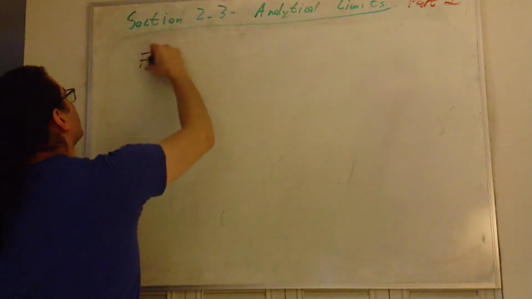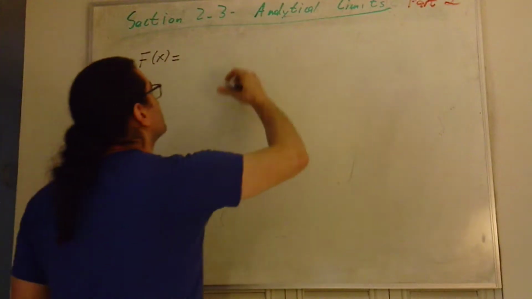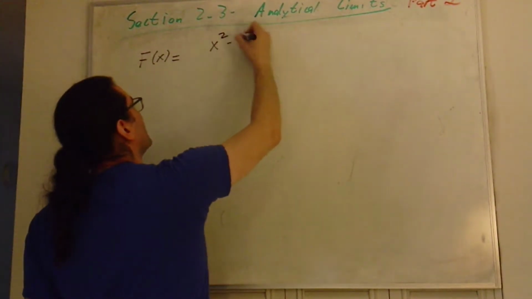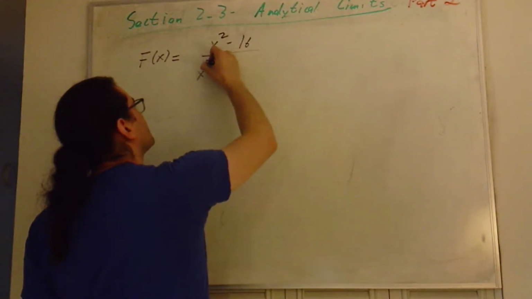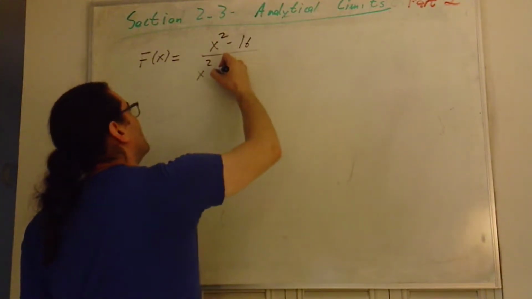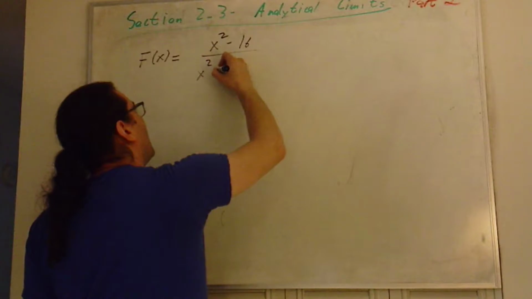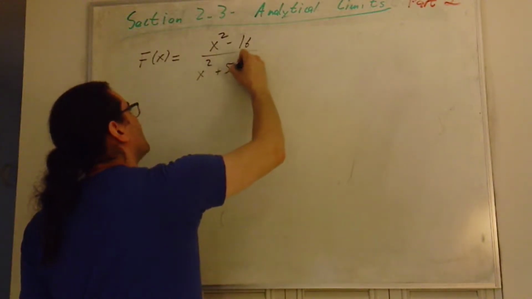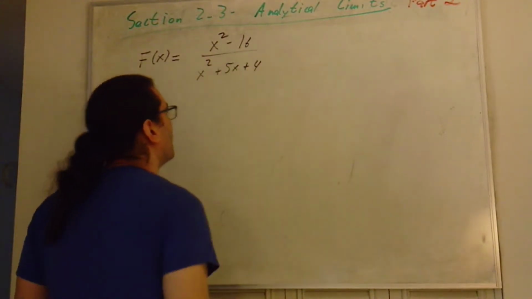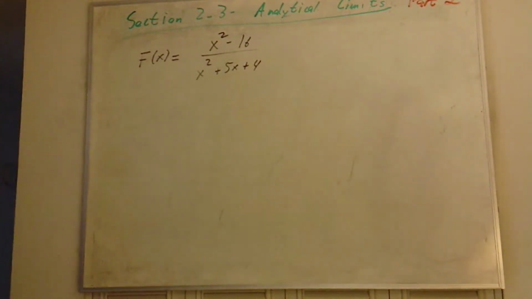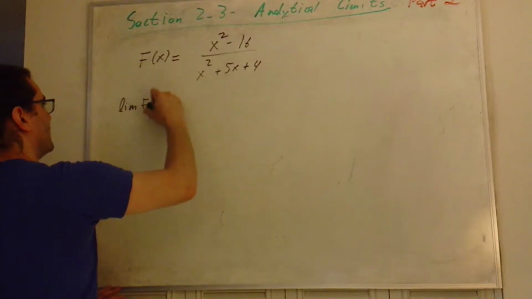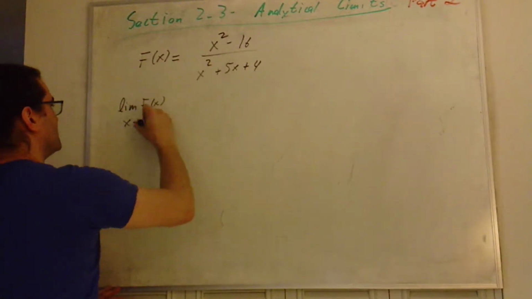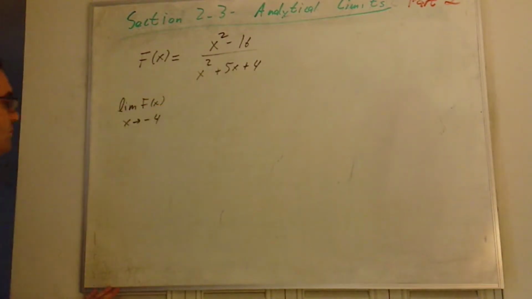Let's do f of x equals x squared minus 16 over x squared plus 5x plus 4. I want the limit of f of x as x approaches negative 4.